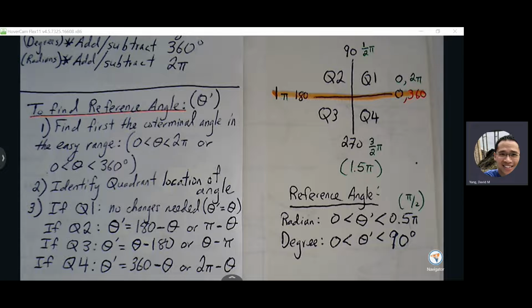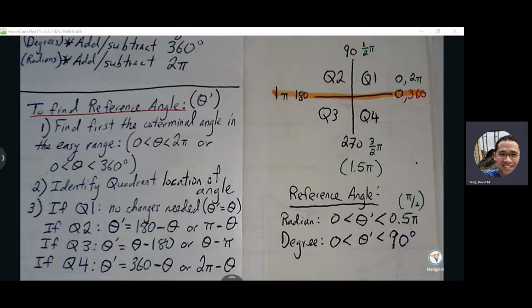But if you're in quadrant 2, you've got to involve 180 or pi, depending on whether you're in degrees or radians. And you're always going to do larger minus smaller. So either 180 minus theta or pi minus theta. But if you're in the third quadrant, you're going to also involve 180. But the difference is that your angle is now larger than 180. So you're going to do that angle minus 180, theta minus 180 or theta minus pi.